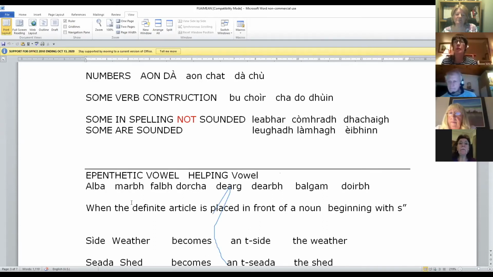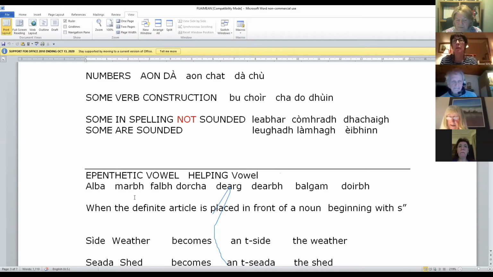Epenthetic vowels are helping vowels. Alabe, A-L-B-A, in between the L and the A-B, there you have an extra vowel, which just makes the word flow. Alabe. Marav, the R and between the R and the BH, you have an A sound.